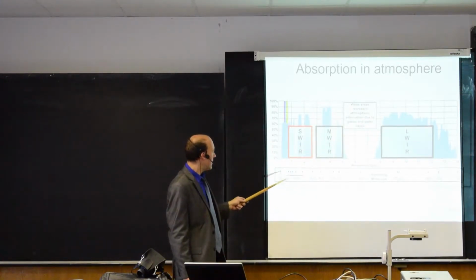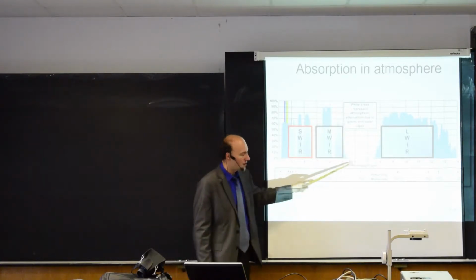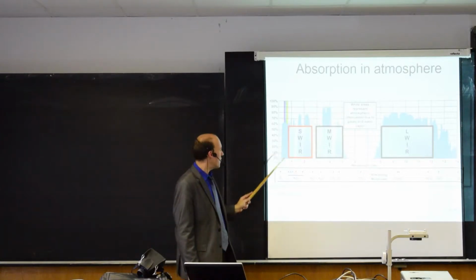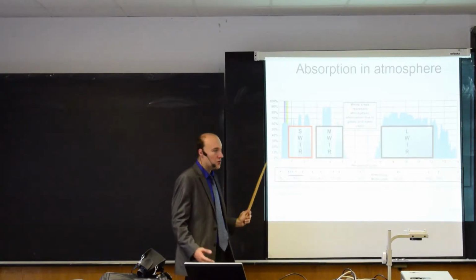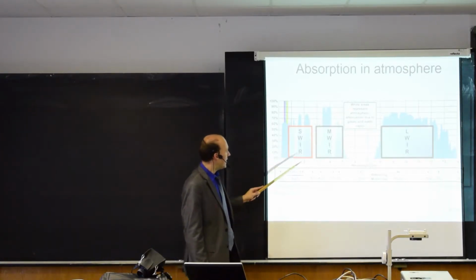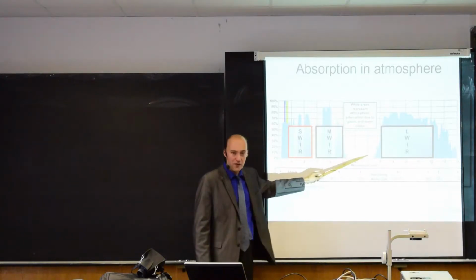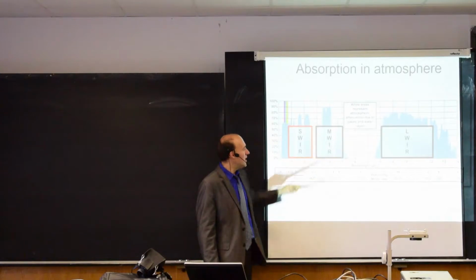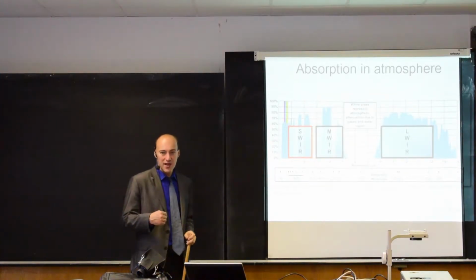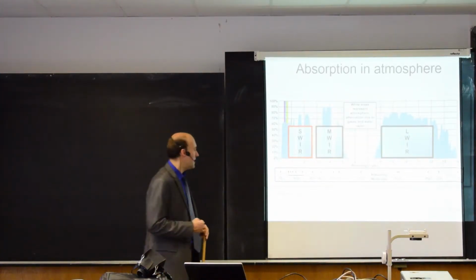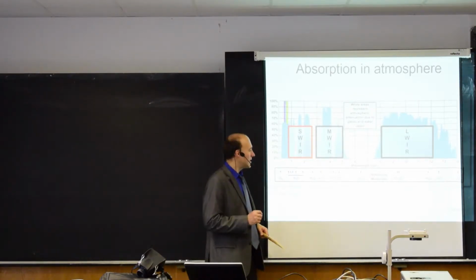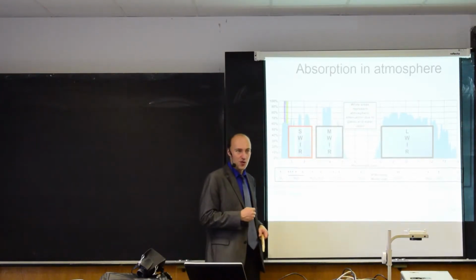And here you can see the wavelength, and this is the absorption in the atmosphere. So if I would measure for some reason in this wavelength, for example, then all my radiation will be absorbed, and I could not measure anything in the atmosphere. I need to choose the wavelengths that are not absorbed as much.